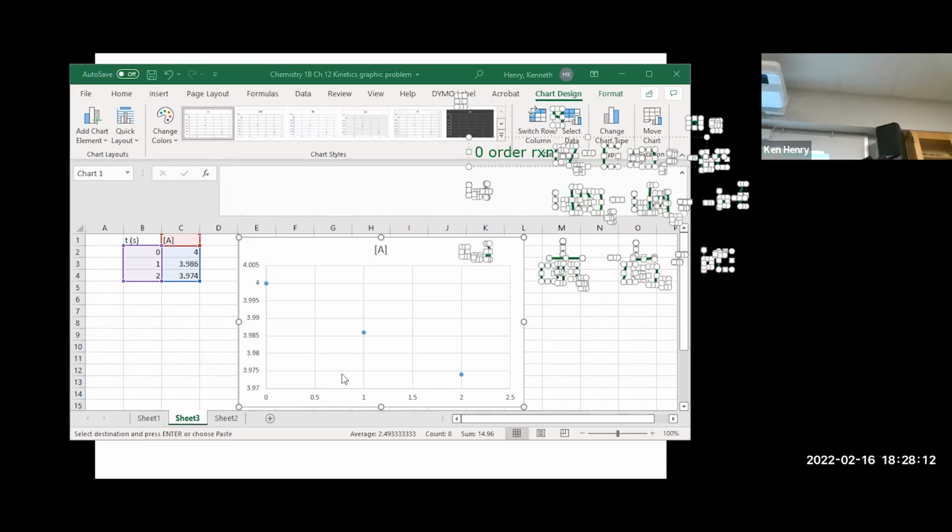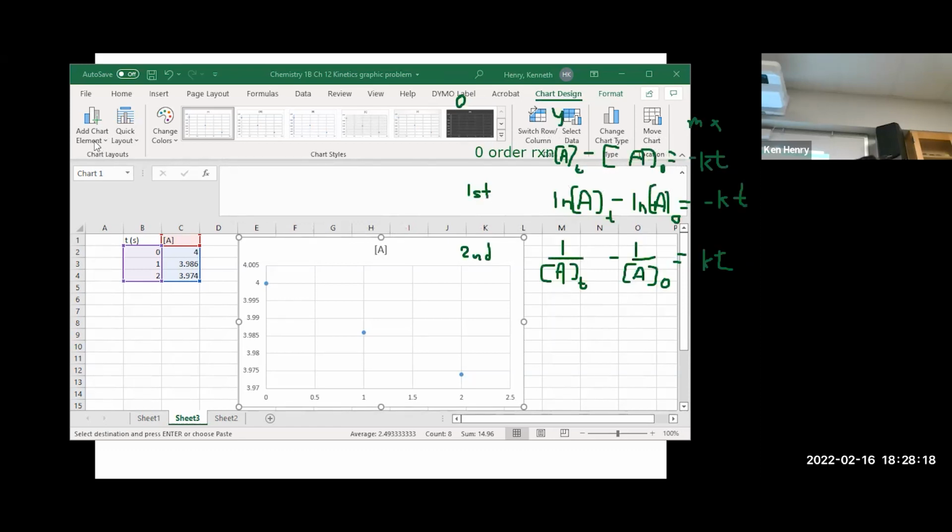Up here you see where it says add elements. I'll show you how to do it using Google Docs in a second as well.